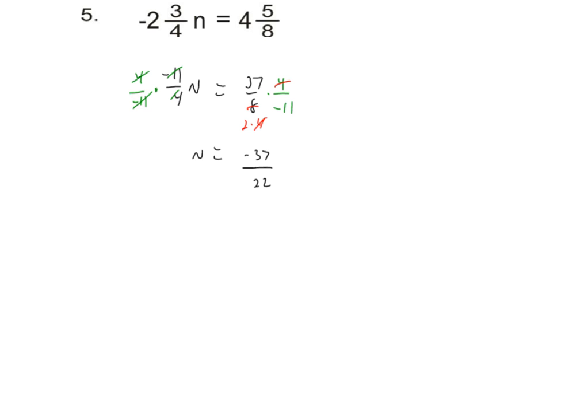Okay, so let's finish it off. 22 goes into negative 37. That's a negative 1. And what do we have? 15, 20 seconds left. And that does not reduce, though sometimes it might. But a 15 is a 3 times 5, and a 22, 2 times 11. So that's our final answer, negative 1 and 15/22. Does that make sense?